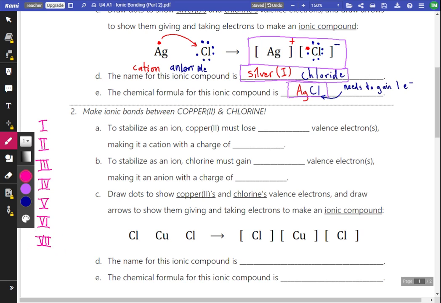VII is 7. VIII is 8. IX is 9. And X is 10.